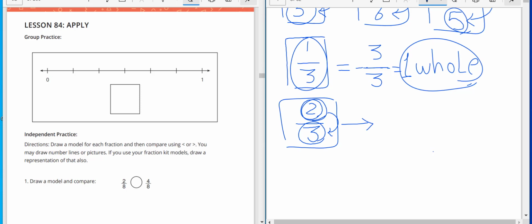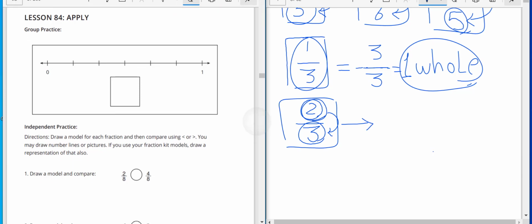Open your book, page 84. This number line is divided into 6 equal parts.